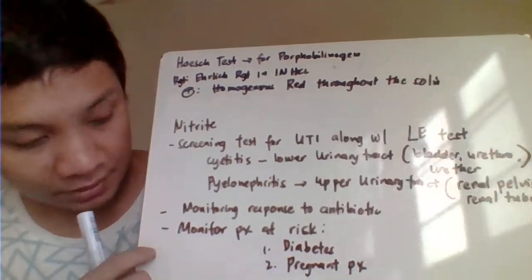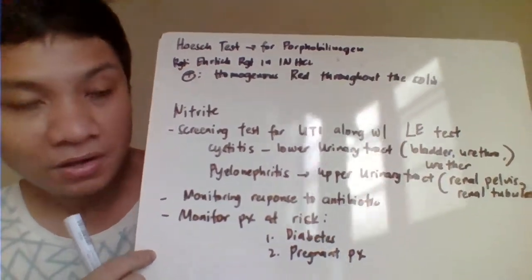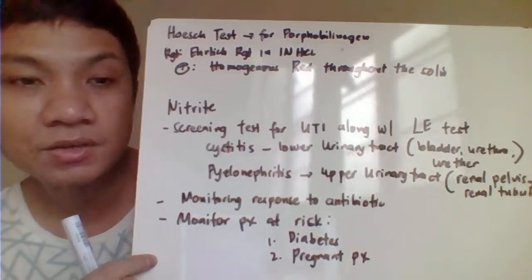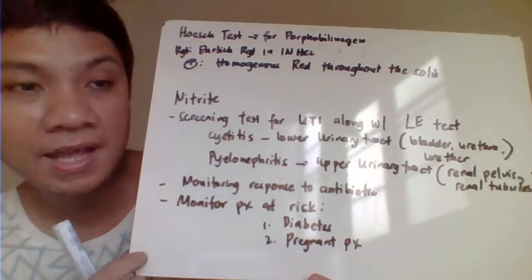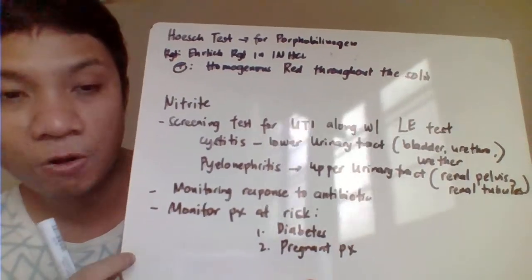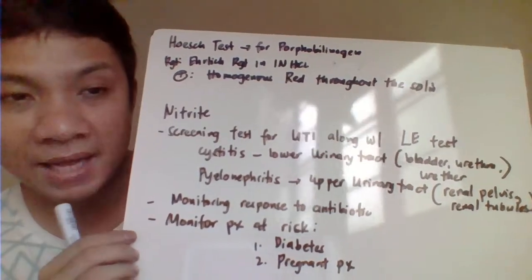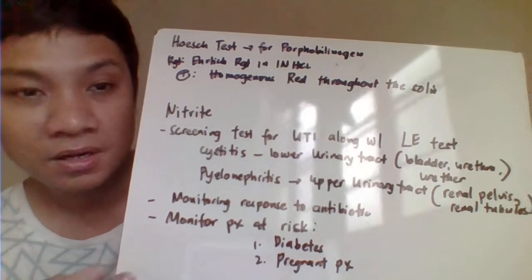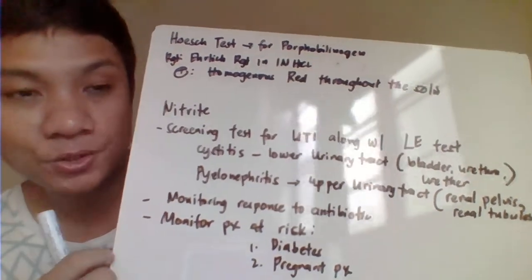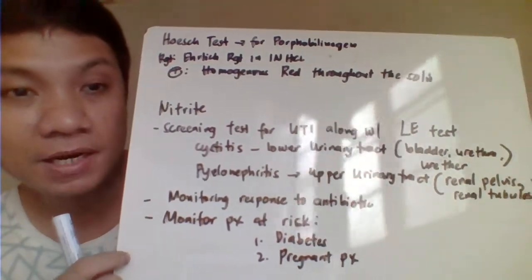This is also the test for monitoring patients at high risk of urinary tract infection, including pregnant patients, diabetic patients, or even elderly patients. Although this could help reduce the need for bacterial culture, it is not a replacement for the bacterial culture.